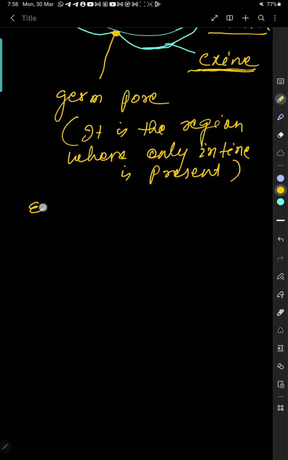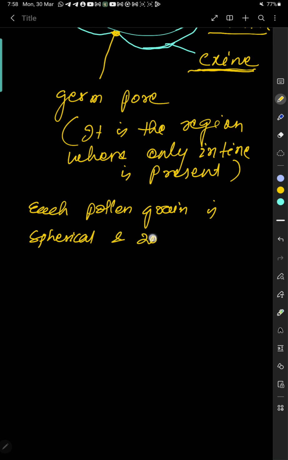So each pollen grain is spherical, and it is about 20 to 50 micrometer in diameter.